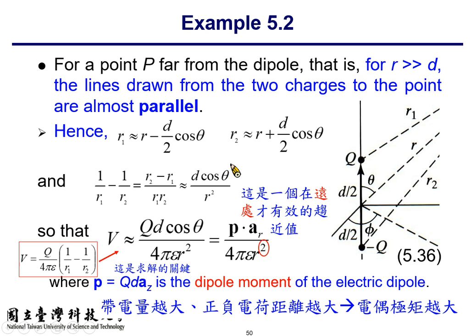Why? Well, it's not supposed to be difficult to understand, because you have a positive charge and a negative charge. One is pulling you away, the other is pulling you to the other direction, so their total effect is kind of canceled out, especially when you are observing at a very far distance. Okay?